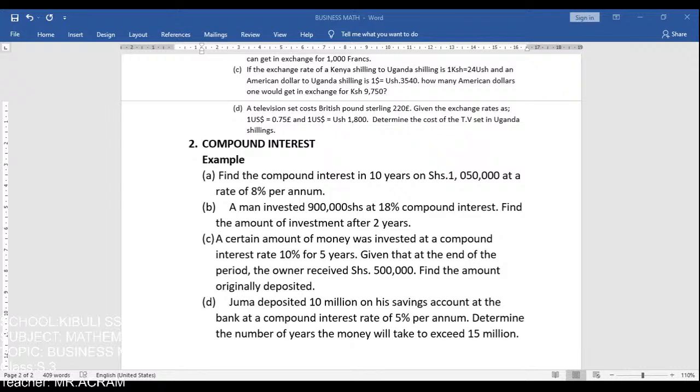R stands for the rate in percentage. And then N stands for time, the time that you spend. So you're supposed to be keen on this.